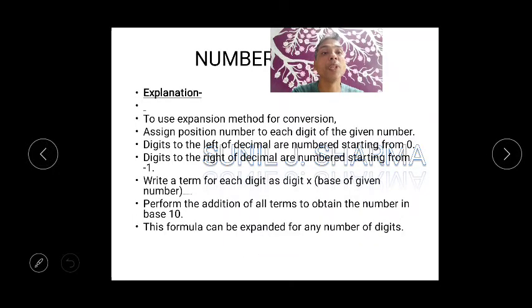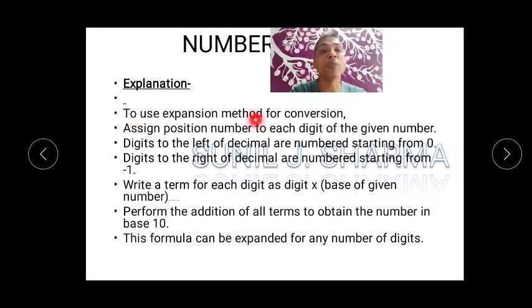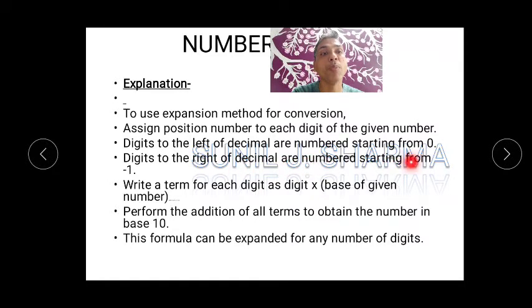There is a technique to use the expansion method for conversion. Assign a position to each digit of a given number. Digits to the left of the decimal are numbered starting from 0. Digits to the right of the decimal are numbered starting from -1.